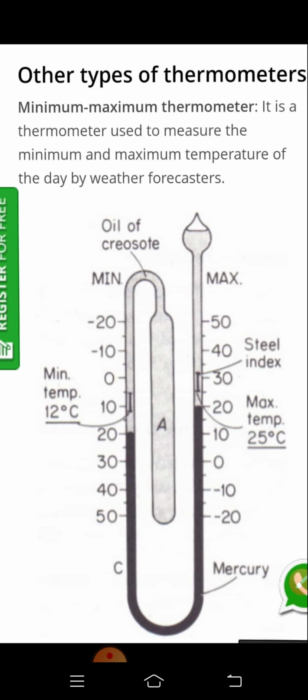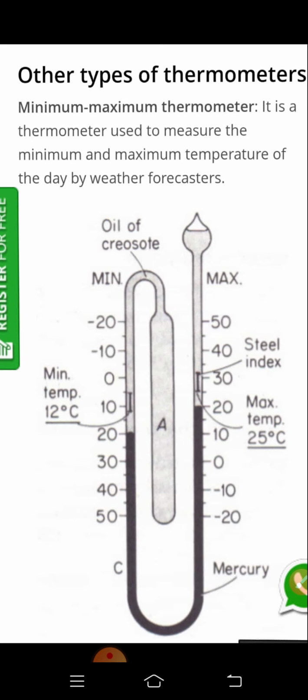For example, today's weather is like this, 38 degrees Celsius, and today's weather is 42 degrees Celsius. Like this we measure weather temperature with the minimum and maximum thermometer.